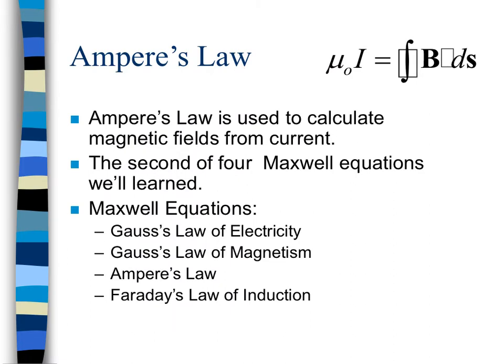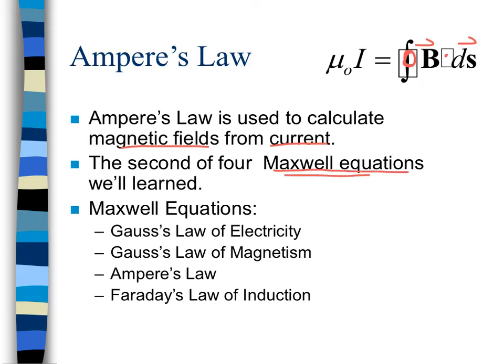Now remember that Ampere's law is just one of our 4 Maxwell equations that we're working with in electricity and magnetism. This is the one that we use when we want to find magnetic field and we know current. So here we're connecting charge and electricity to the magnetism side. It's our second of our 4 Maxwell equations.